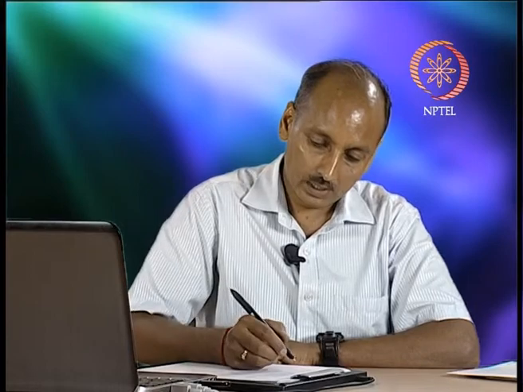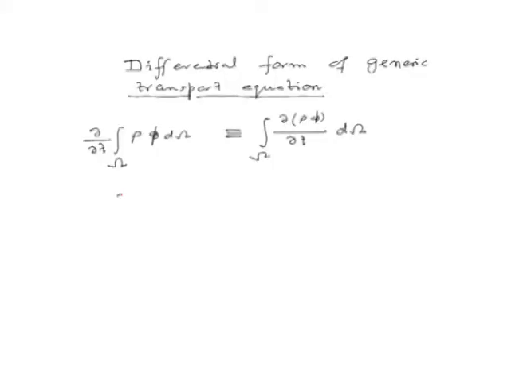The second term which we had on the left hand side of our integral form was a surface integral, rho phi v dot dA, which represents the convection of phi across the control surface. Now, this can be changed using Gauss divergence theorem into a volume integral.